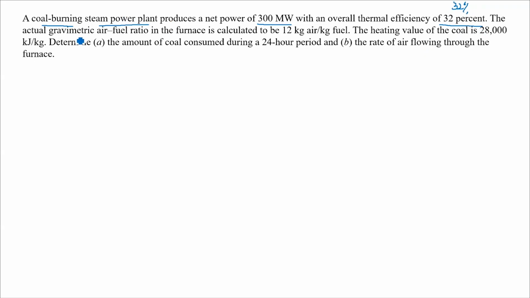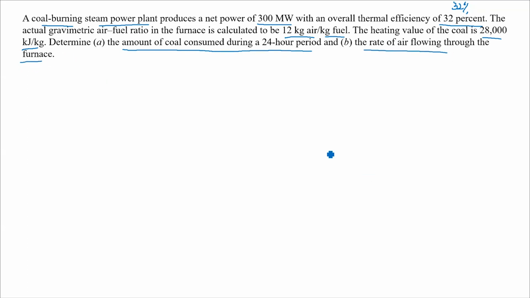The actual gravimetric air-fuel ratio in the furnace is calculated to be 12 kg of air to 1 kg of fuel. The heating value of the coal is 28,000 kilojoules per kg.